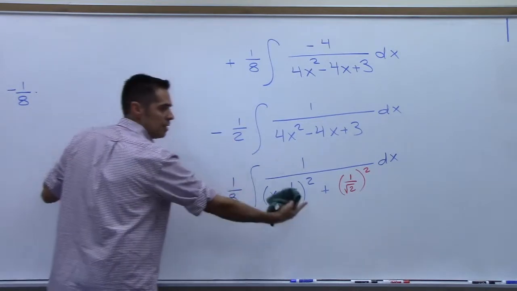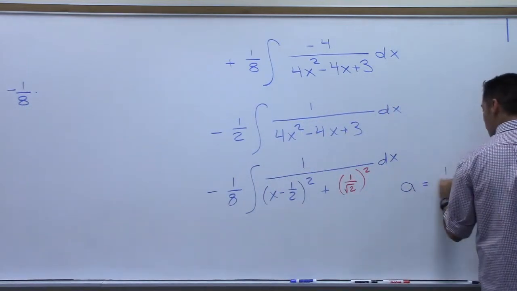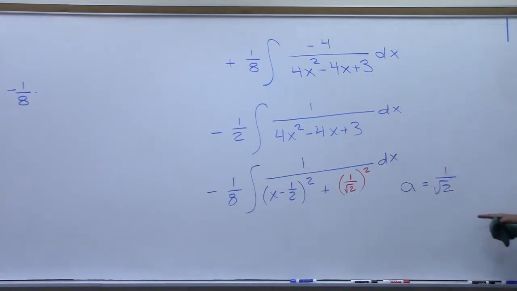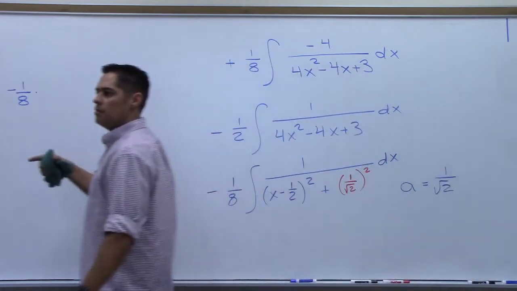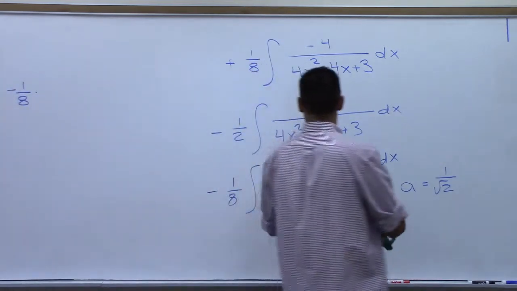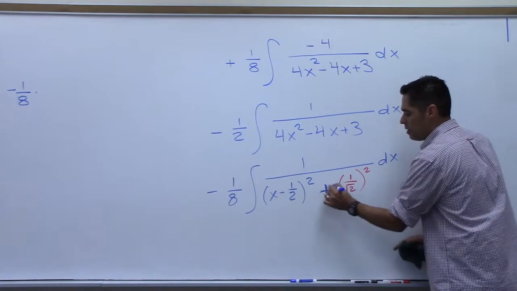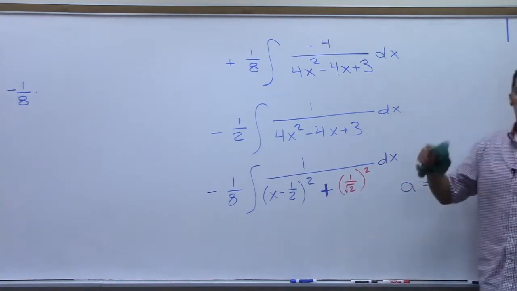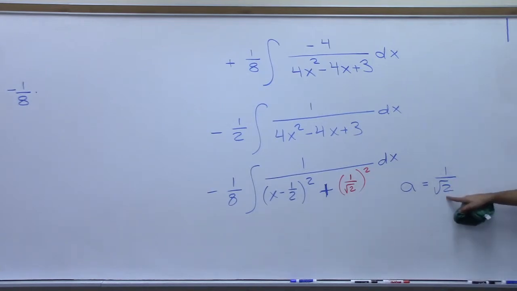Now, the formula for this. And a here is 1 over root 2, right? Okay, so the first part of the formula is 1 over a, isn't it? No, you're looking at the wrong formula. This is a plus in here, right? It was a plus? So it is arctan, right? So the formula is 1 over a, which is 1 over this. What's 1 over this?